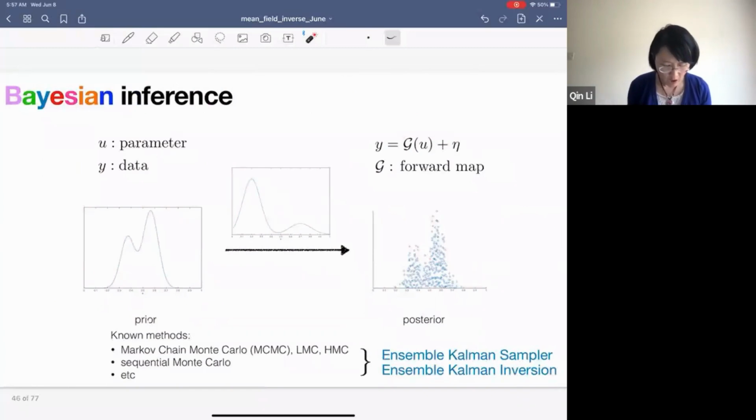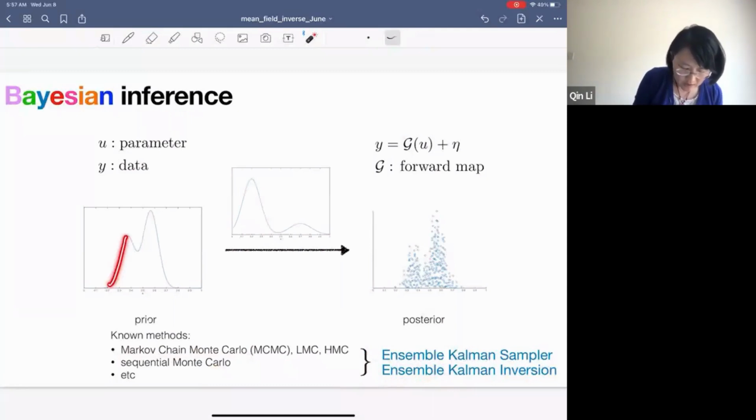So there are many algorithms using Bayesian inference, including Markov chain Monte Carlo, Langevin Monte Carlo, sequential Monte Carlo, etc. There are so many algorithms. What I would like to argue today is that there are some new algorithms of the ensemble type that also work very well. So the ensemble method works as follows.